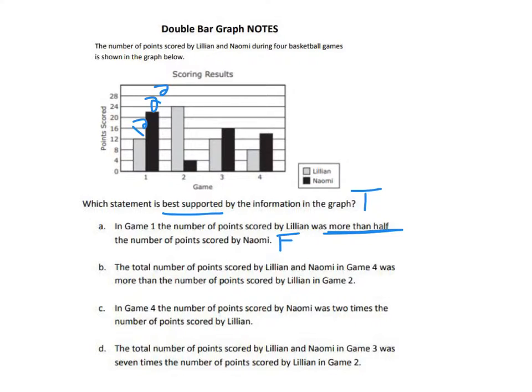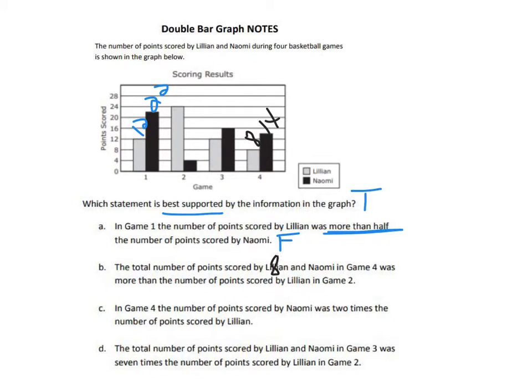For letter B, the total number of points scored by Lillian and Naomi in game 4 was more than the number of points scored by Lillian in game 2. So in game 4, Lillian had 8 and Naomi had 14, and 8 plus 14 is what?